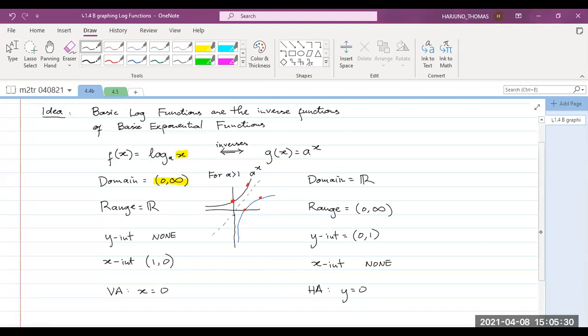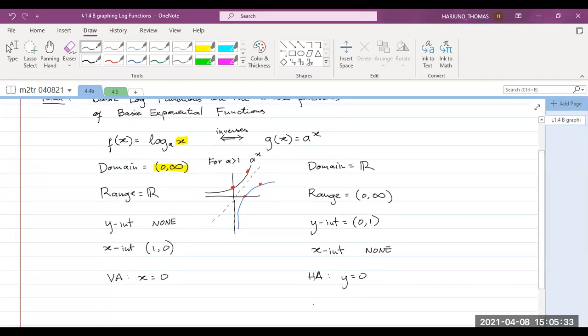Okay, in fact, let's see this one. As x goes to negative infinity, f(x), I'm sorry, this one is g(x). g(x) will go to 0. As you go very, very far to the left on the exponential function, the value of the function gets closer to 0.